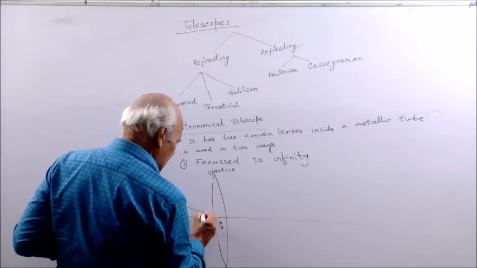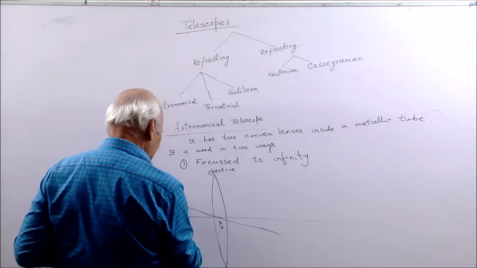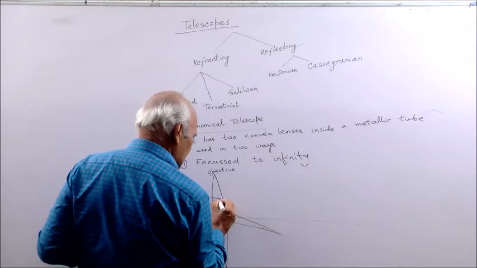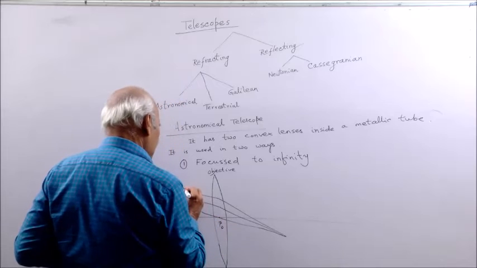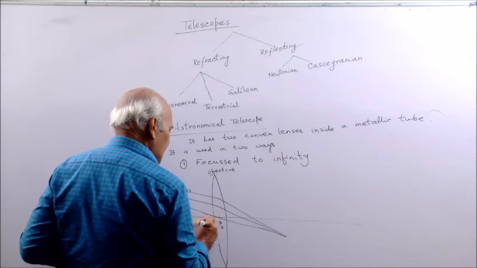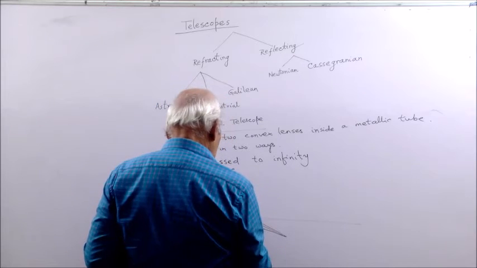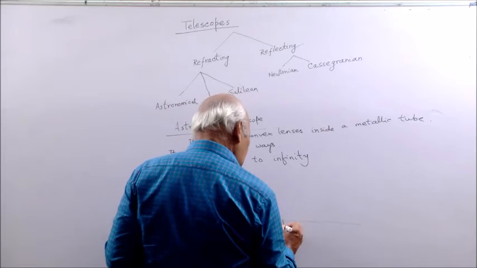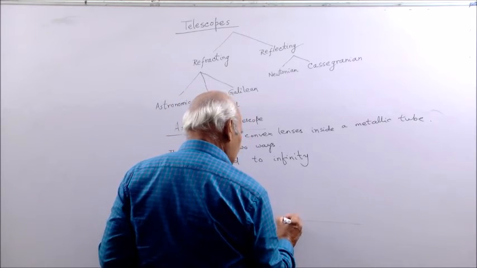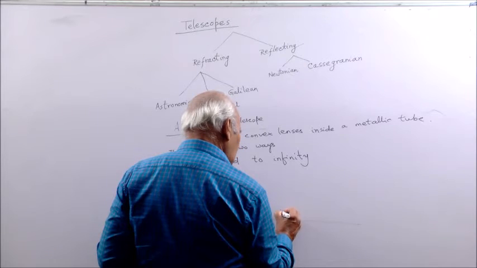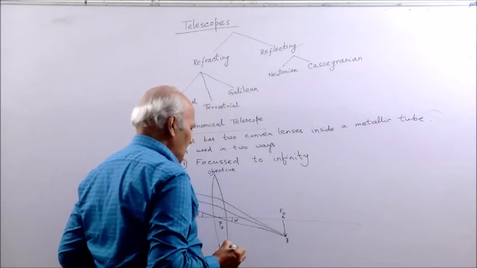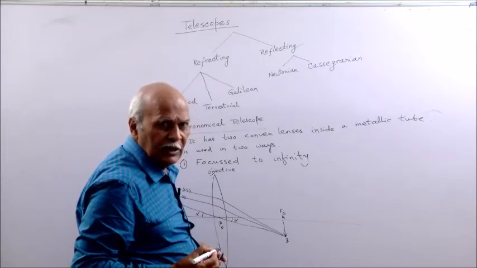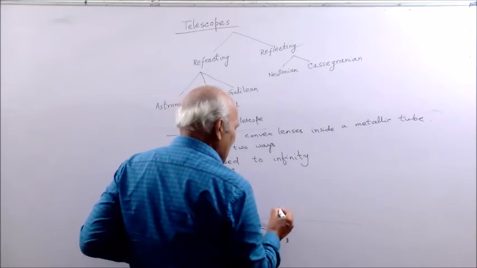Rays are usually inclined, coming from a long distance. Suppose this angle is alpha, and they form the image, say AB, on the focus FO.